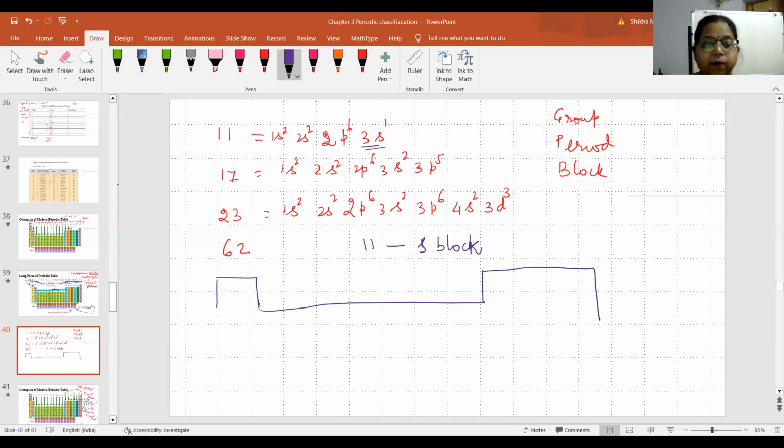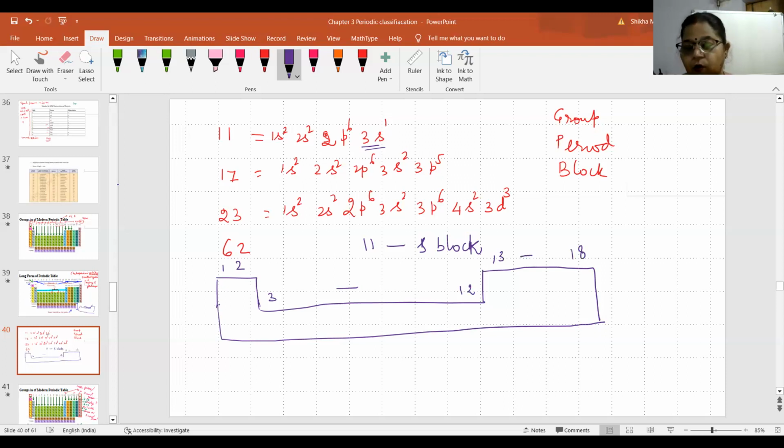Please don't go by my drawings. We say this one is group 1, 2, and then we have 3 to 12, and then we have 13 to 18.